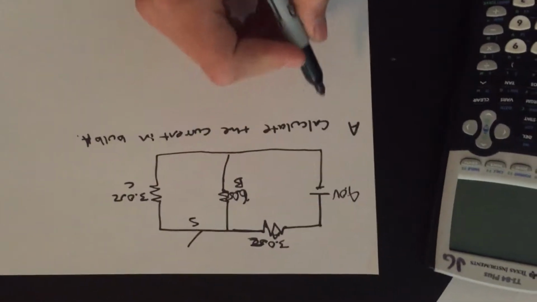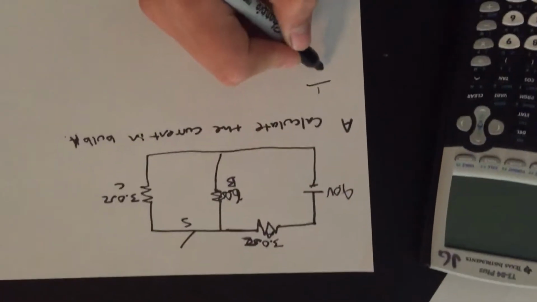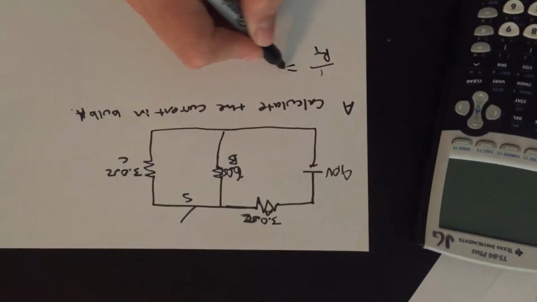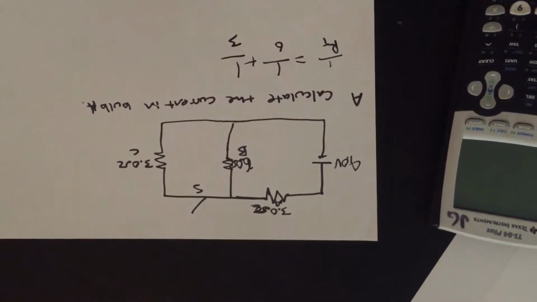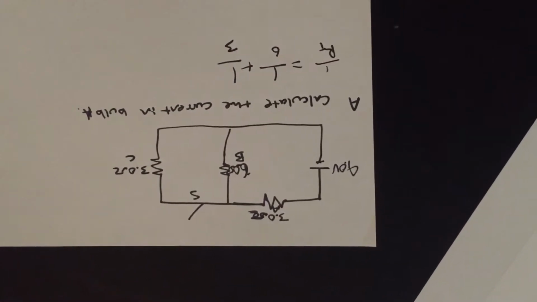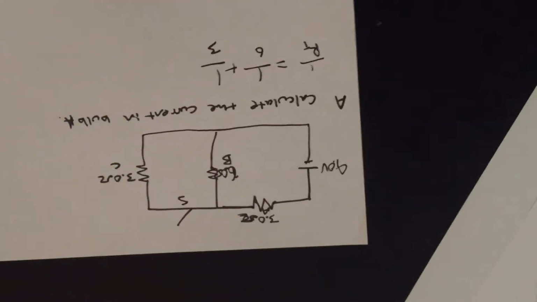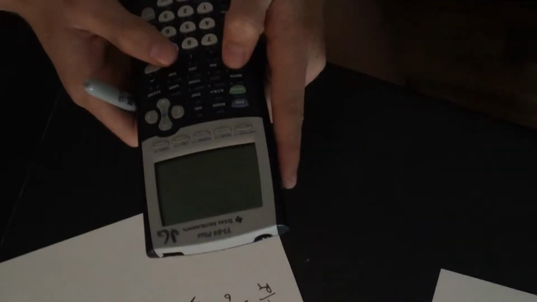So you're going to do 1 over the total resistance equals 1 over 6 plus 1 over 3, which according to my calculations is going to be 2.